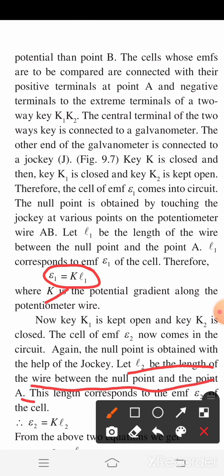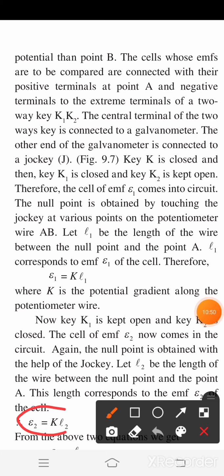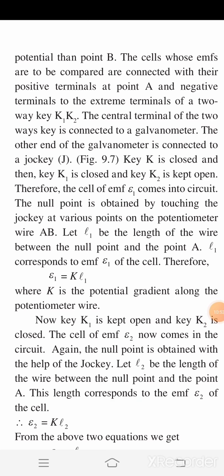This length corresponds to the EMF E2 of the cell, because E1 is out of the circuit and E2 is in the circuit. By the principle of potentiometer, E2 is equal to KL2, where K is the potential gradient.